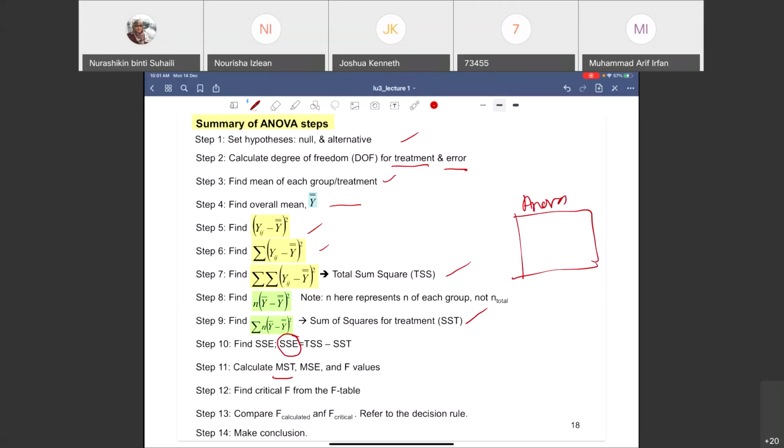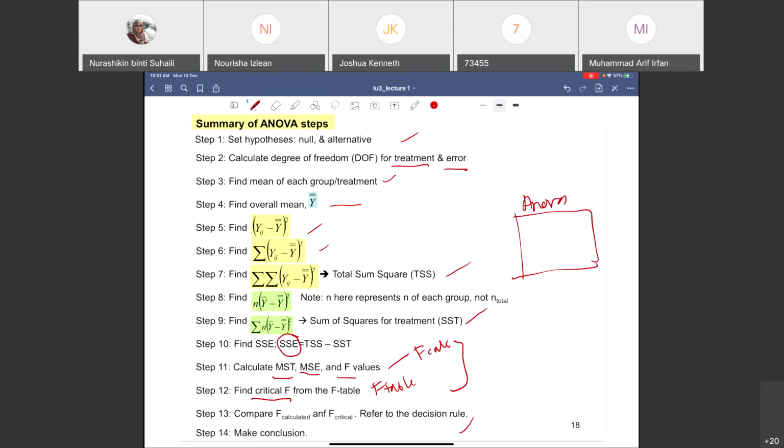You calculate MST, MSE, and F. So this is F calculated. Then you have to find F table. In this topic, we say it is F critical, the F table, or you can say F table, I can still accept it. And you have to compare these 2 values, make a decision and finally make a conclusion. So that's basically the things that you have to perform in this ANOVA.